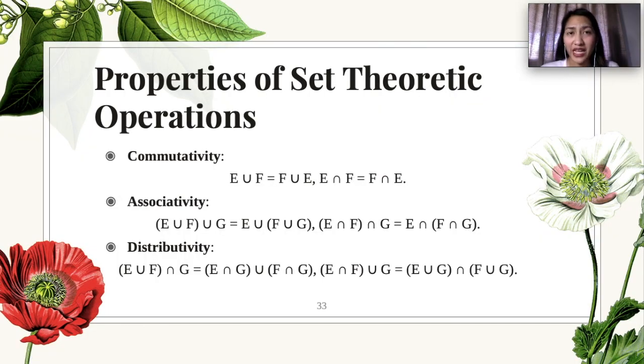So, pag-usapan naman natin ngayon yung properties of set theoretic operations. Meron tayong tinatawag na commutativity, meron tayong associativity, and distributivity. So, sa commutativity, you can combine or you can relocate the values.